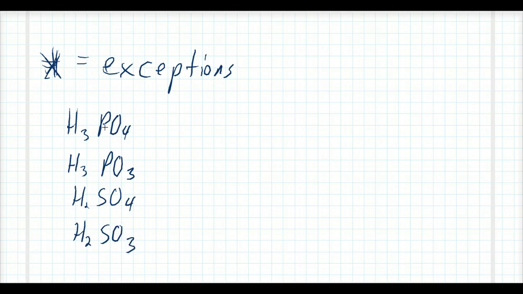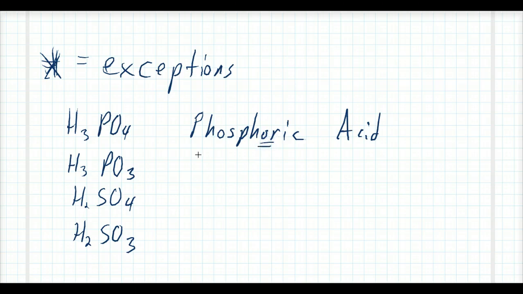With our naming sequence, this is phosphate, so it would be phosphic acid, and the exception would be that we call it phosphoric acid. So we don't call it phosphic, we call it phosphoric. The OR from the root word phosphorus.